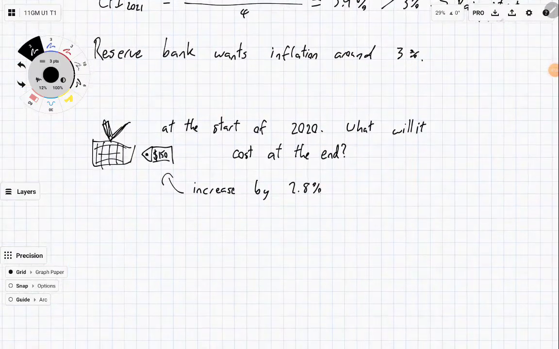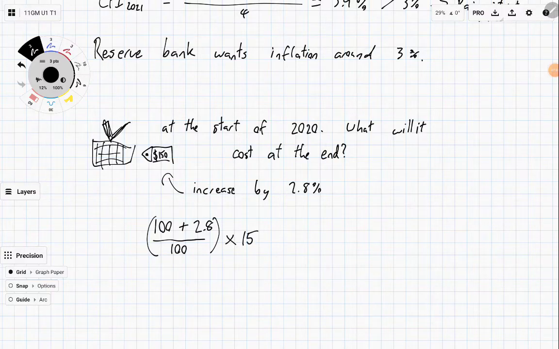So that's 100 plus 2.8 over 100, times 150. That's going to give us the percentage increase, which means that after only 1 year, what cost $150 is now going to cost $154.20. Since it's 2.8%, that's actually a little bit less increase than the Reserve Bank wants. But that's for the Reserve Bank to worry about.